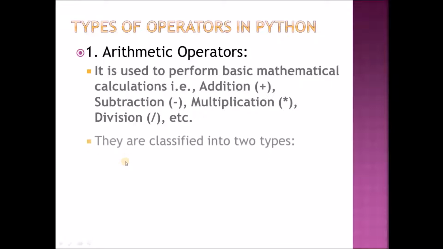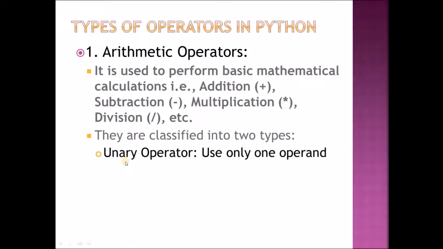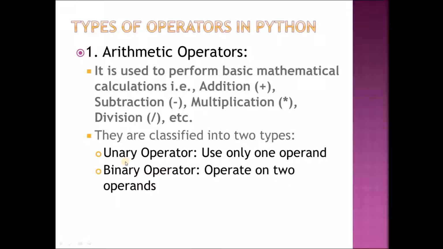Apart from that, you need to come into two more important topics in arithmetic operators themselves, that is unary operator, and coming to the next one is binary operator. In unary operator, we use single operand. A single operand is used in case of unary operator.